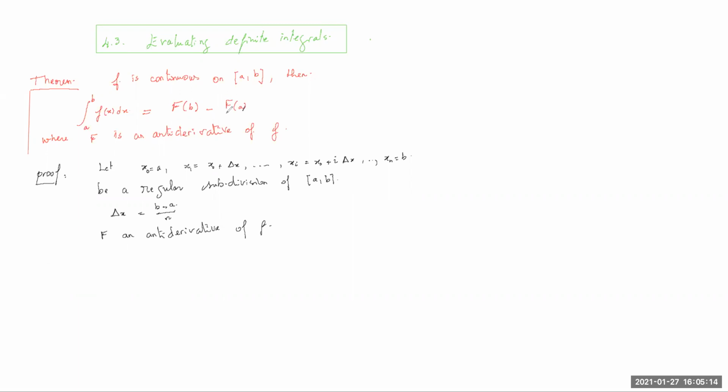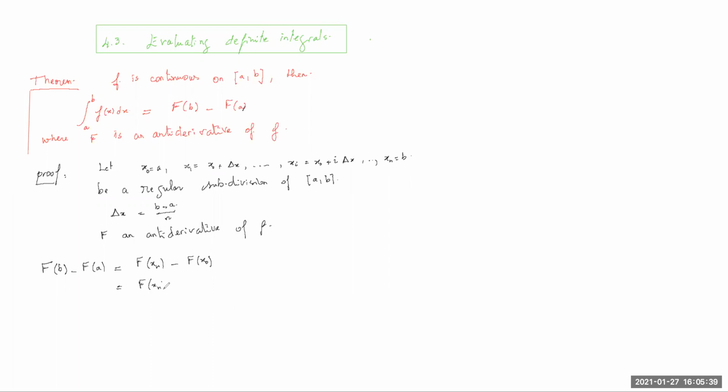We start from this difference, and we are hoping to reach this equality. So F(b) minus F(a) is exactly F(xn) minus F(x0), with these notations. We did nothing here. Then look what we will do.